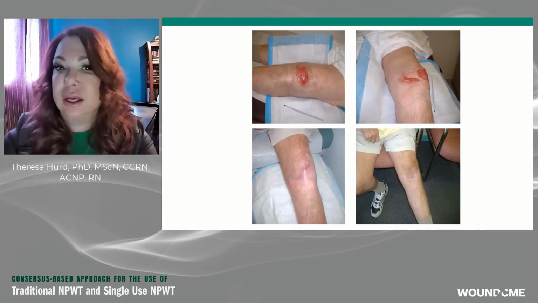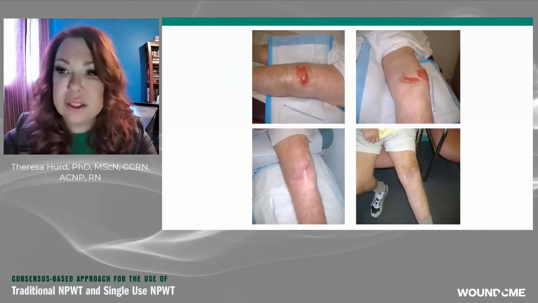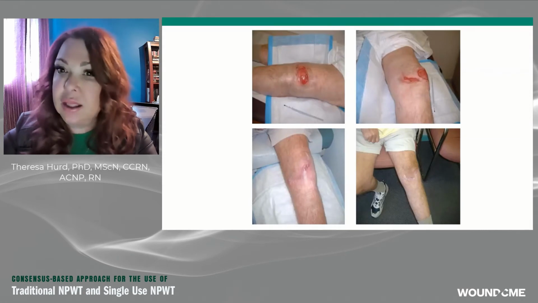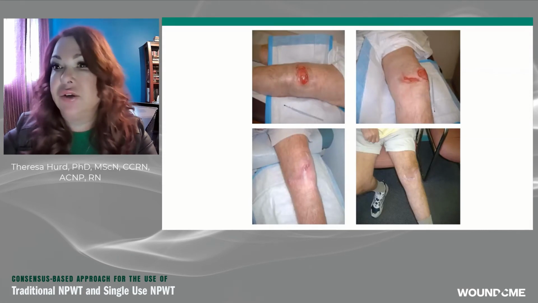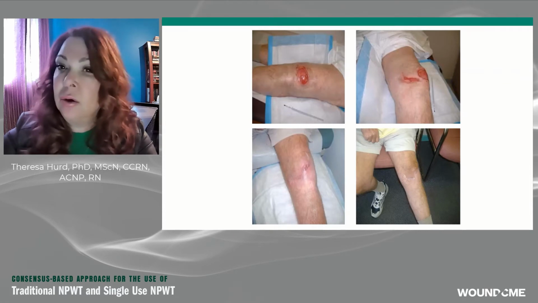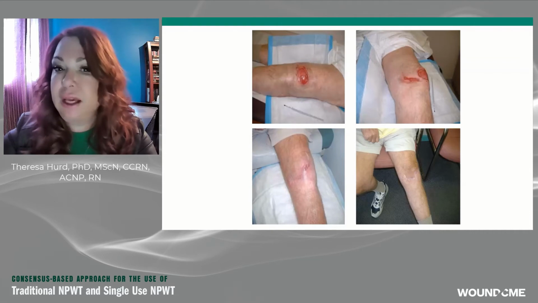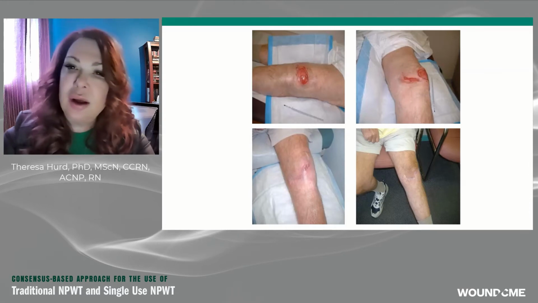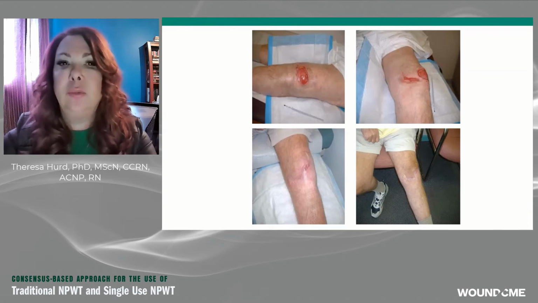I chose the negative pressure that was less impactful to the patient, increased mobility, increased compliance, and in addition, allowed for easy dressing changes and disposability of the unit. So this was one of our first patients. We used PICO, and you can see in 7 weeks, he was completely closed, and 3 months later, the incision stayed closed. So these are the things you think about when you make a decision around negative pressure.